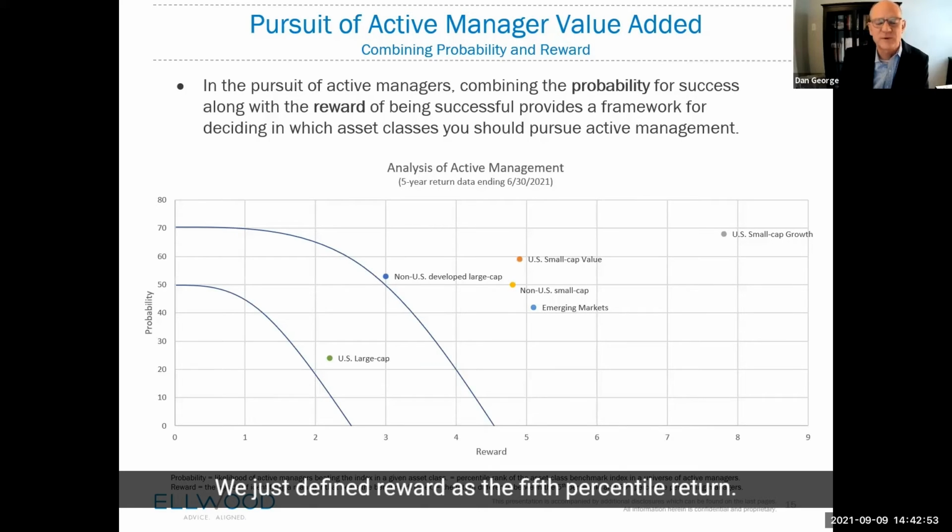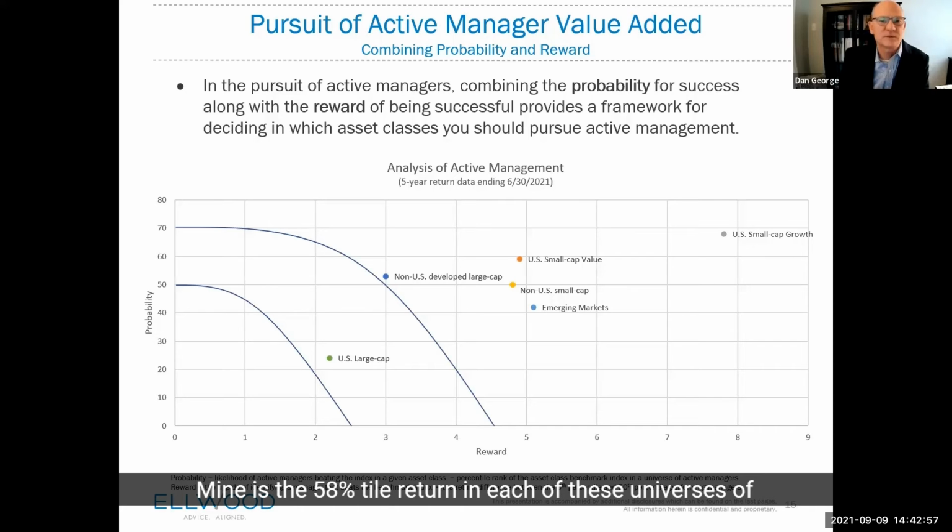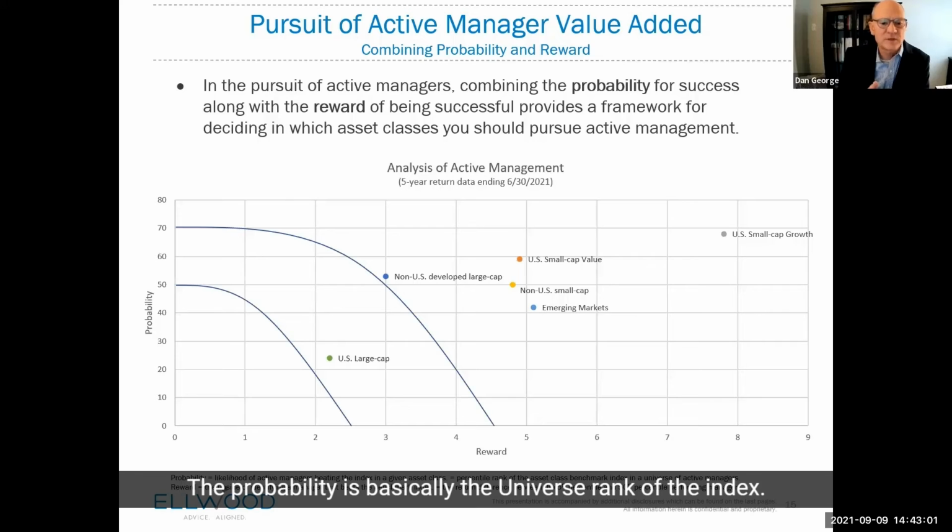We just defined reward as the 5th percentile return minus the 50th percentile return in each of these universes of active managers. The probability is basically the universe rank of the index.